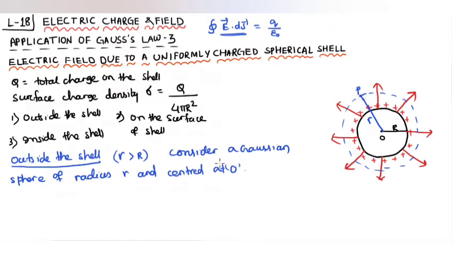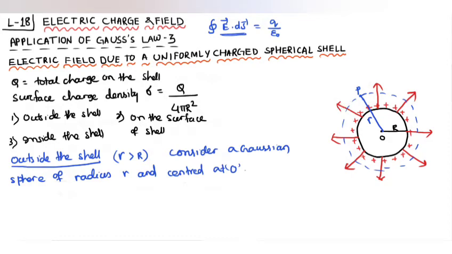Is that clear? Now we will integrate E dot ds over this Gaussian sphere. So how to do that? To integrate E dot ds, we have to first find what is the angle between electric field and the area vector. So students, remember that area vector is always perpendicular to the surface. So in case of a curved body, you have to choose a small element here.